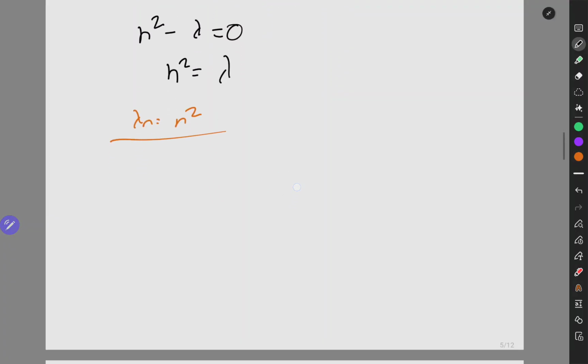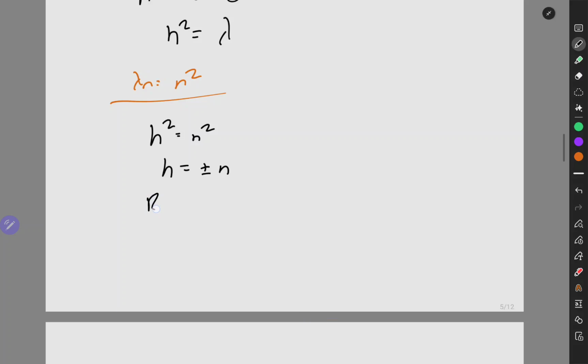If lambda is equal to n squared, we will be left with h equal to plus or minus n. So then R is equal to c1 r to the n plus c2 r to the negative n.